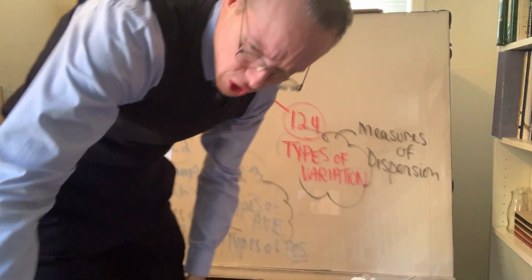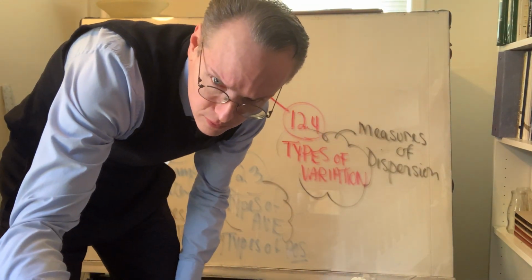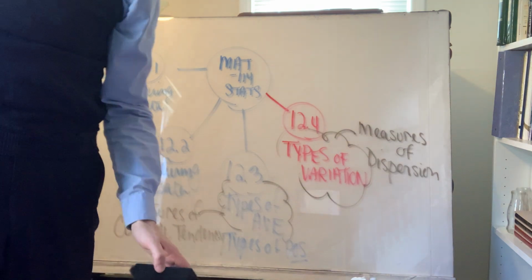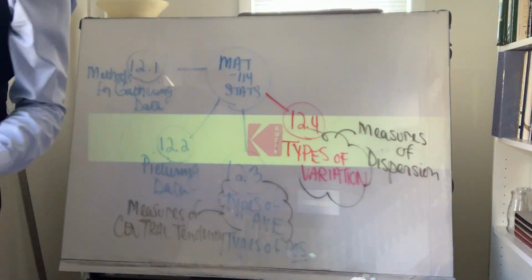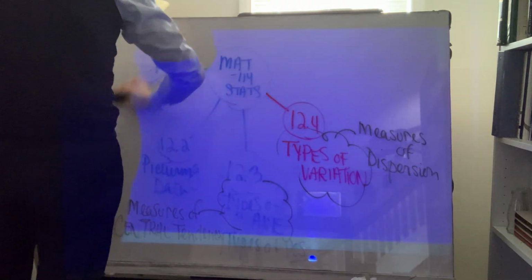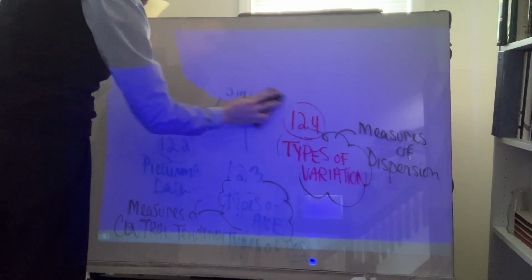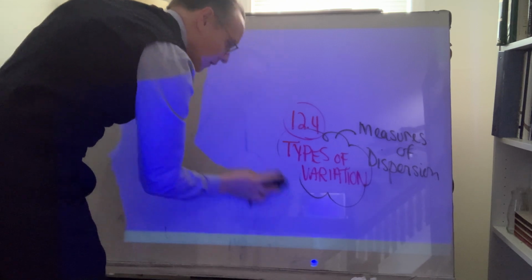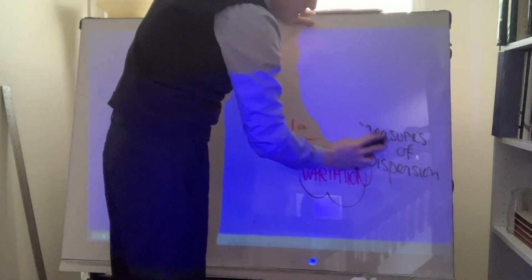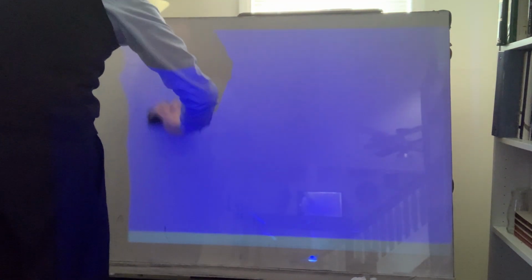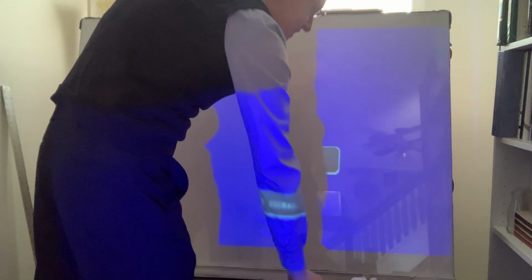Now let me fire up the projector here, and we'll get going with the other diagram. I did exactly what I always do, which is forget to plug in the projector.